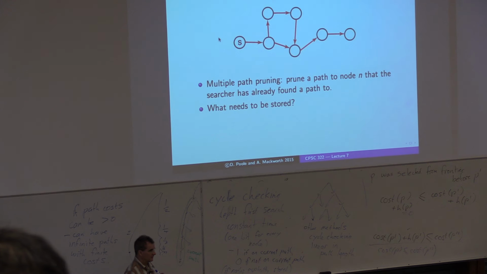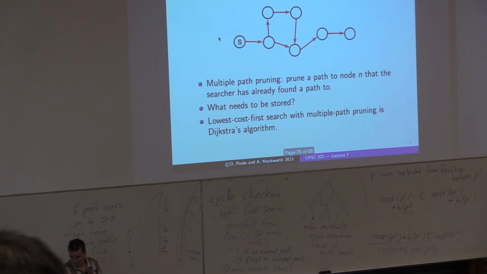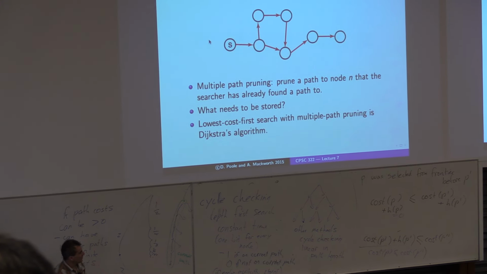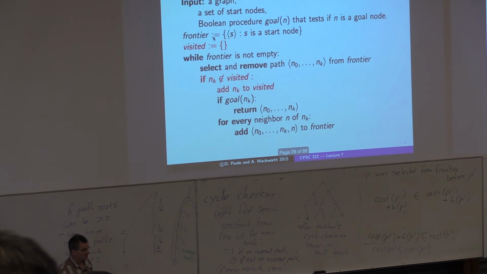Right. So we just need a set of all nodes that are on some paths. If a node's been expanded or visited, we'll write it down. We need to store a set of nodes that have been visited. And it's actually lowest cost first search with multiple path pruning. You've probably seen it; it's called Dijkstra's algorithm.